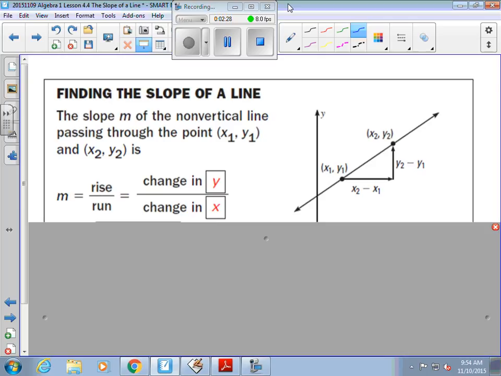Your change in y is how many times it's going up in this case. You can see it's going up because it is a positive slope. Your change in x is how many times it's going to the right. So notice y sub 2 minus y sub 1, x sub 2 minus x sub 1.